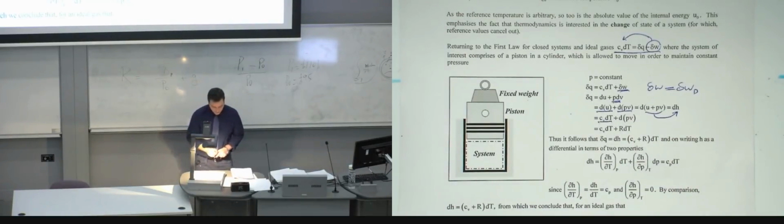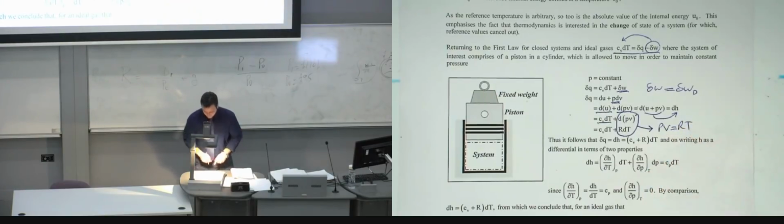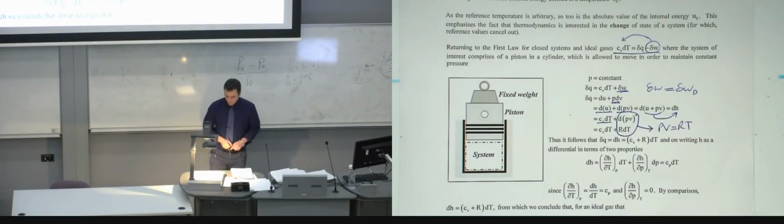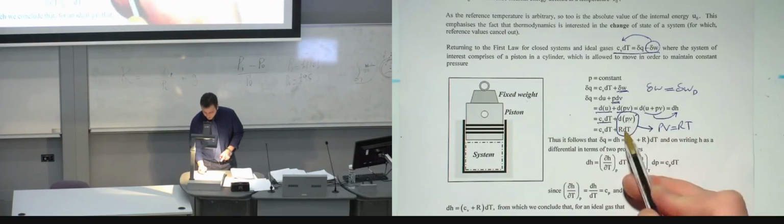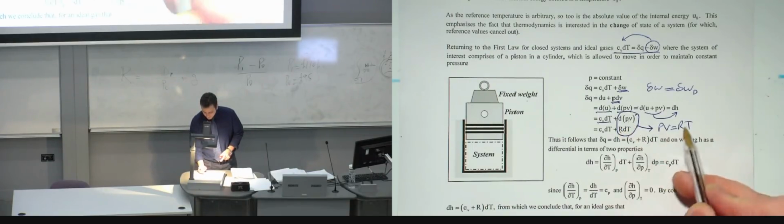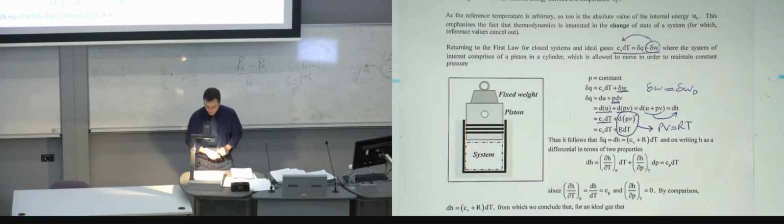Let's see what you end up with. From here to here, I've used PV equals RT. Why? Because PV I could replace with RT, and that's how you end up with this.